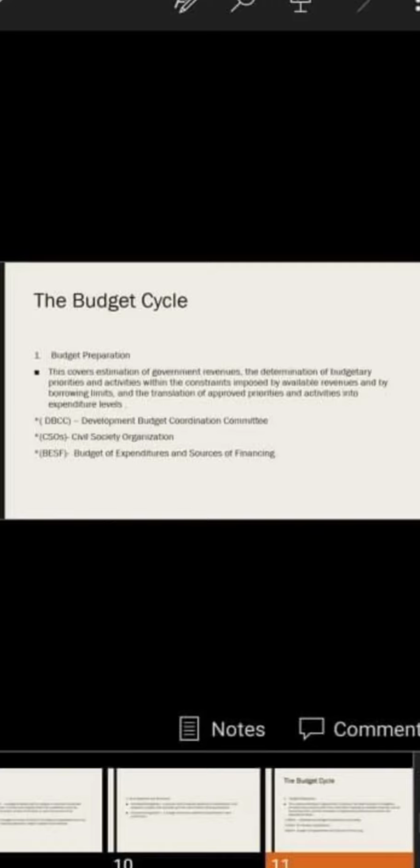This covers estimation of government revenues, the determination of budgetary priorities and activities within the constraints imposed by available revenues and by borrowing limits, and the translation of approved priorities and activities into expenditure levels. Estimates are prepared by the various government agencies, reviewed and finalized by the President of the Philippines, and then submitted to the Legislative Department as basis for the preparation of the Annual Appropriation Act.